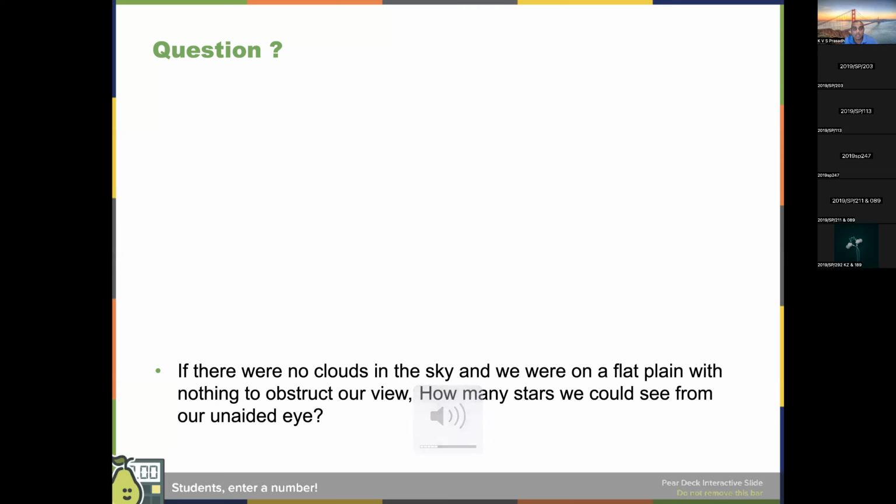So do you have an idea how many stars you will generally see up in the sky? A number, just a rough number, maybe 1,000, 2,000, 3,000, like that. Anybody have any idea?